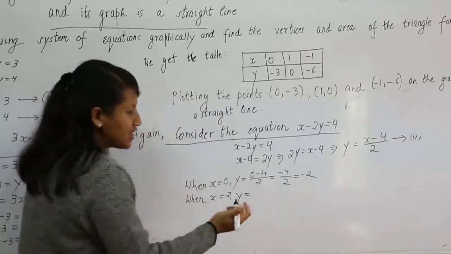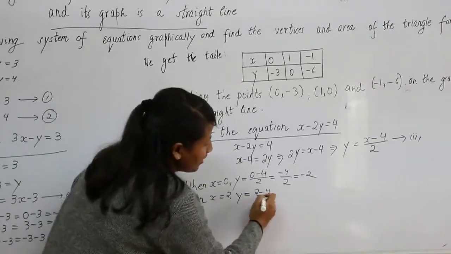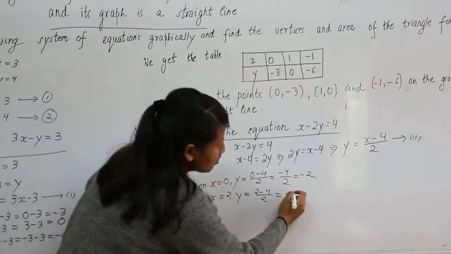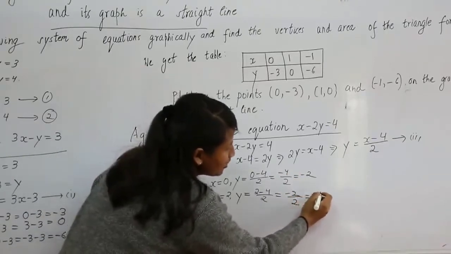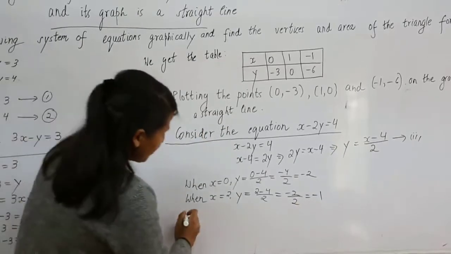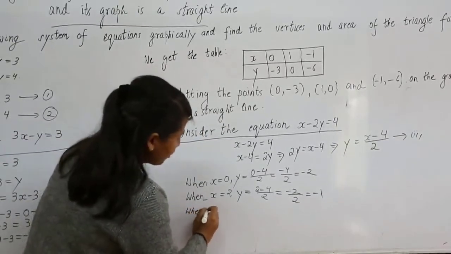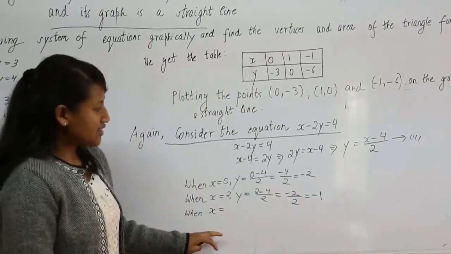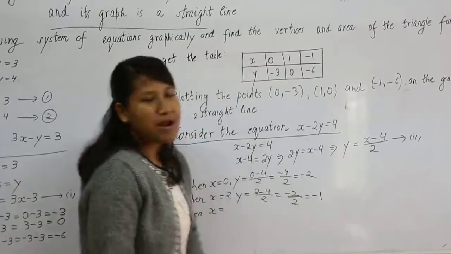Since I want an integer, which will be easier to plot, I have taken 2. Now the last one: you can go with negative integers also. If, let's say, x is minus 1, it will be minus 5 by 2.